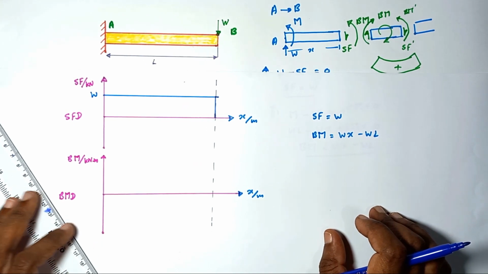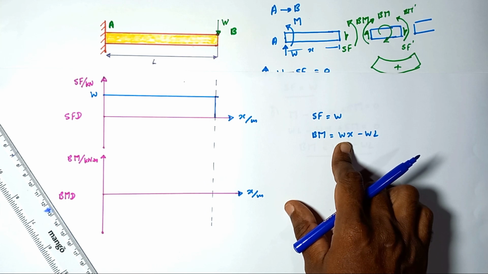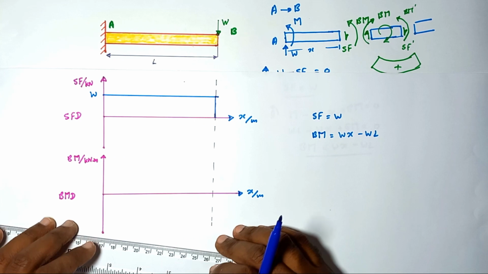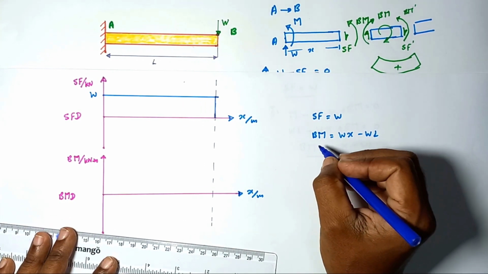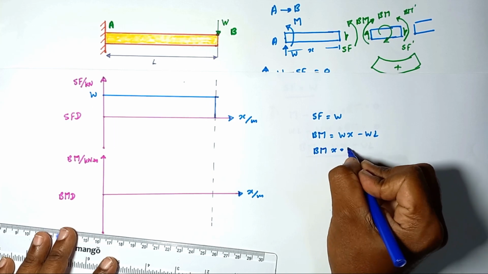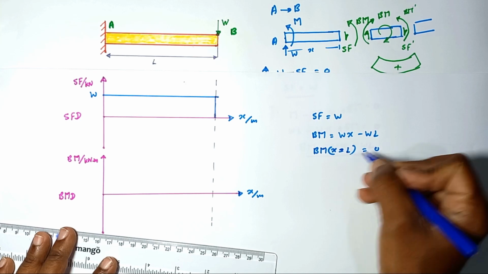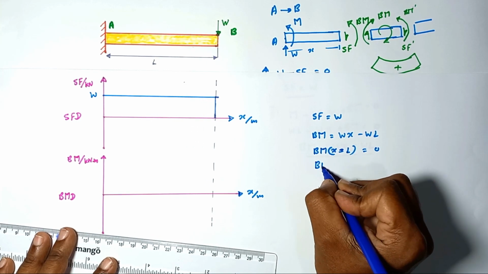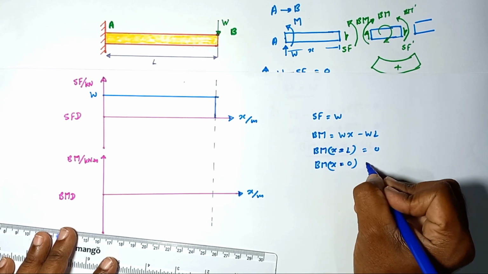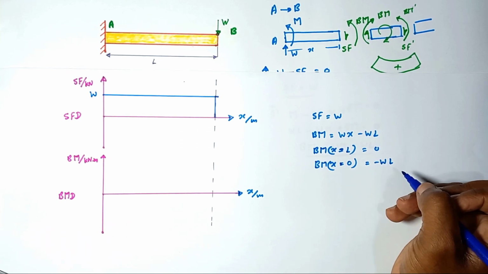Then for the bending moment, you can see it is a y equals mx plus c type equation. The bending moment at x equal to L is equal to 0. When x is equal to 0, the bending moment is equal to minus WL.